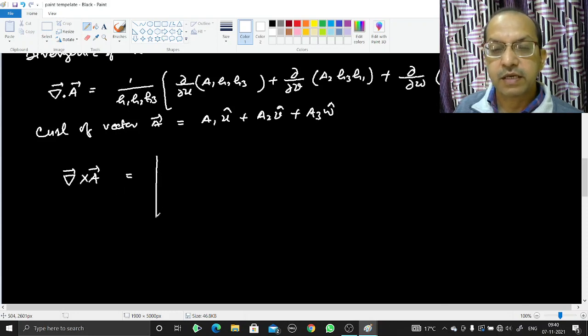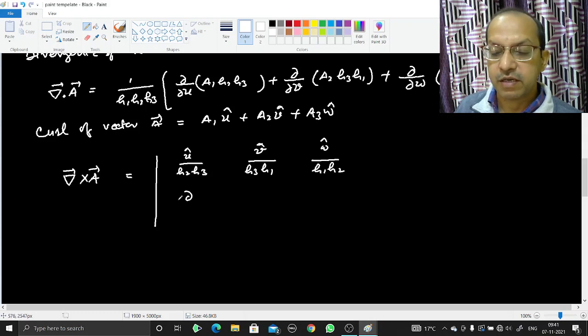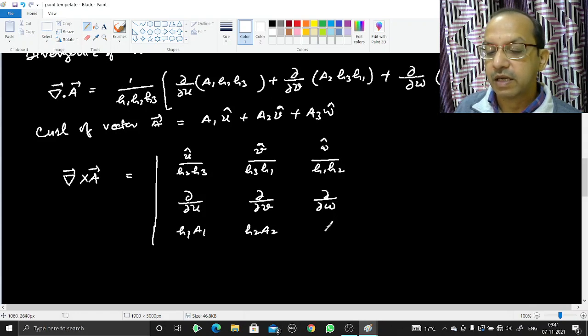It is written in the determinant form, that is u cap, v cap and w cap. u cap is divided by h2 h3, v cap is divided by h3 h1, w cap is divided by h1 h2. Then the differentials del over del u, del over del v and del over del w. Then the components: A1 is multiplied by h1, A2 is multiplied by h2 and A3 is multiplied by h3.